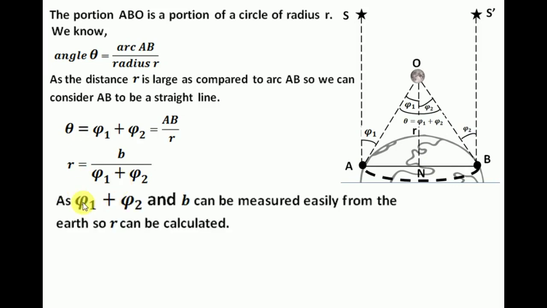So now we can measure phi 1, phi 2 and b on the earth, because we can measure this angle and we can measure the distance between A and B also. So just by measuring this angle and this length we can calculate the distance of the moon or the object. This is the general formula. So distance is basis by the angle.